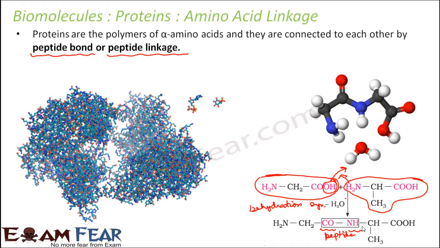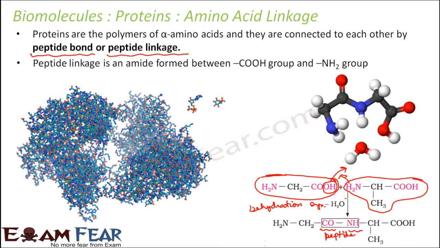Clear? Now just imagine, all the structures of proteins are really complex, and all those complex structures are formed by this simple process. So the peptide linkage is an amide formed between the COOH group and the NH2 group. This is basically the amide.